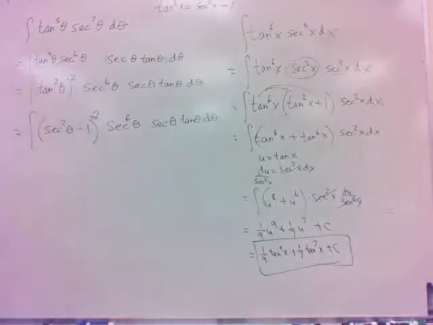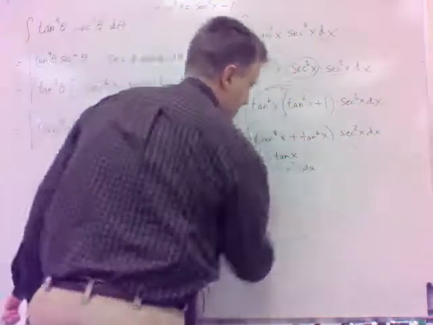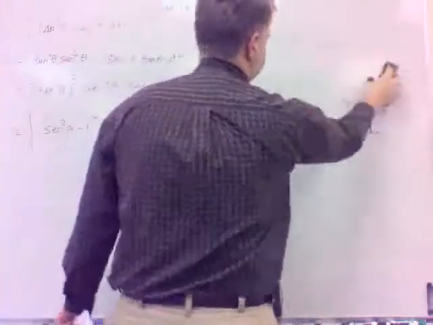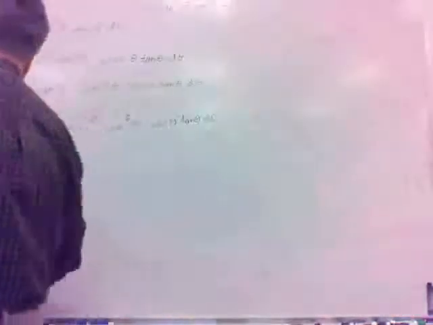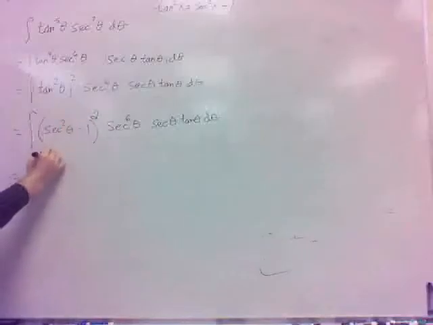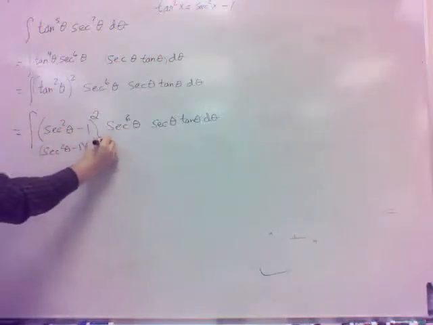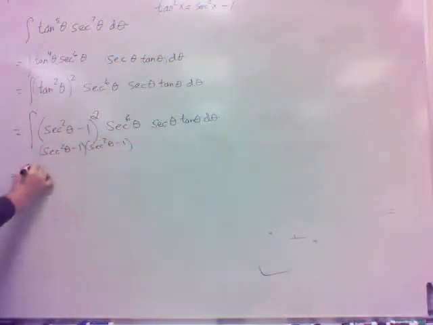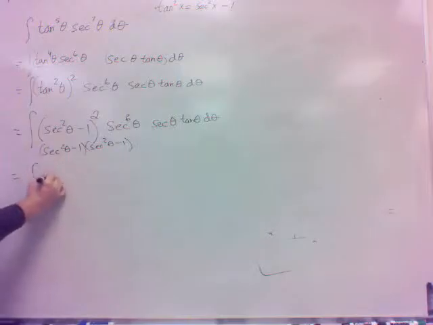Okay. Making it way long there, but it'll pay off. Okay, well, I've got to square this thing out. Secant squared theta minus 1 twice. Cutting to the chase, that would be the integral of secant to the 4th theta.